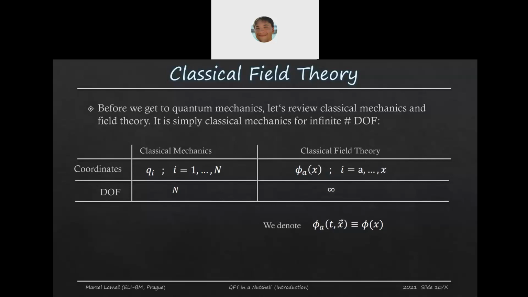It is the same as a configuration coordinate, except we have an infinite number of values of the field, because the field is evaluated at each of the infinite number of possible choices of space-time position. It makes sense: at each point in space, for example for the electric intensity, I can ask what is the value of the field. It will be one value, and there is an infinite number of positions where I can ask this. So we have an infinite number of configuration coordinates in some sense.